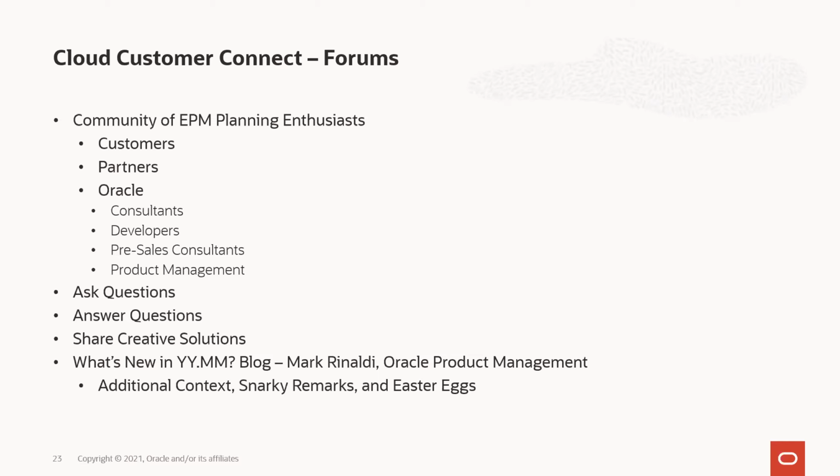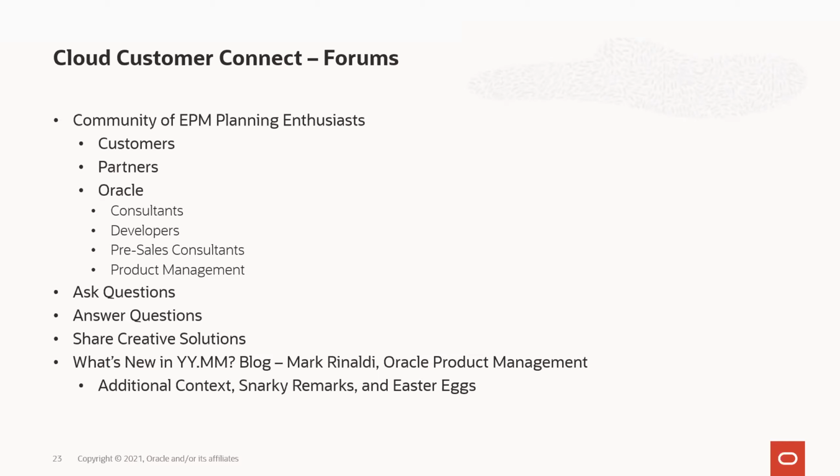And then I do a what's new post every month. I'm a little late with my October one, but I'll double barrel that one with the November one soon here. And what I do is I take the what's new documentation that our doc team folks put together, and they have to be very formal. I can be a little bit more glib. So I try to throw in some snarky comments in there or some Easter eggs and links that'll hopefully make you laugh, just to get you out of some of the mundane nature of some of these topics.